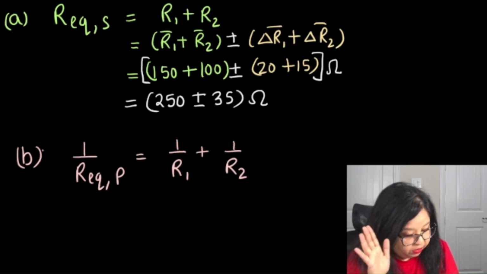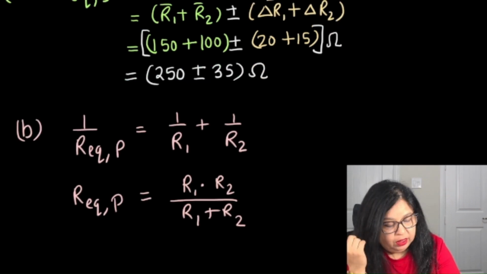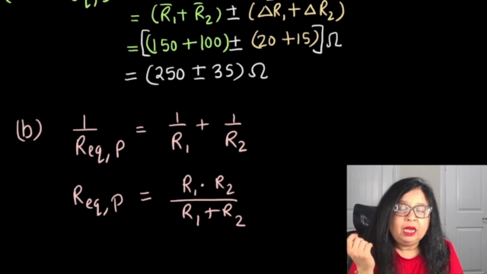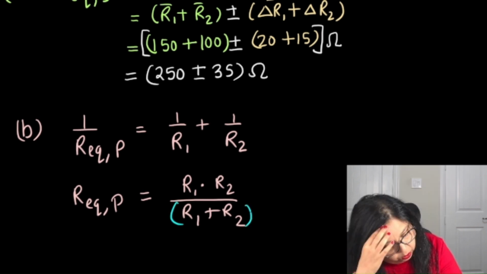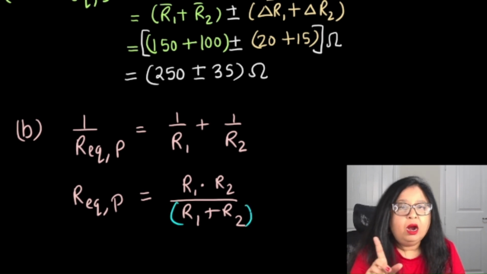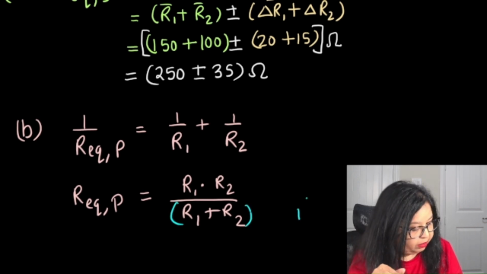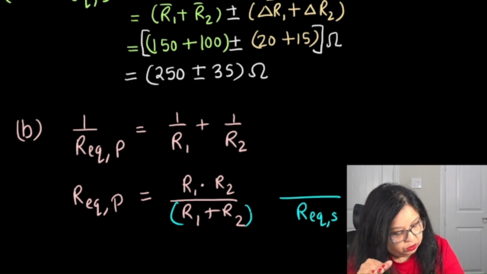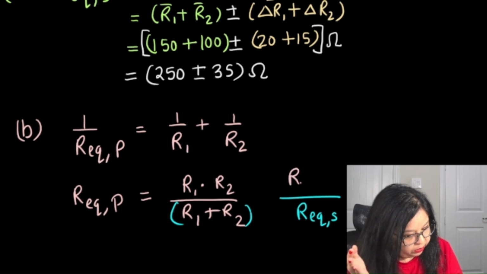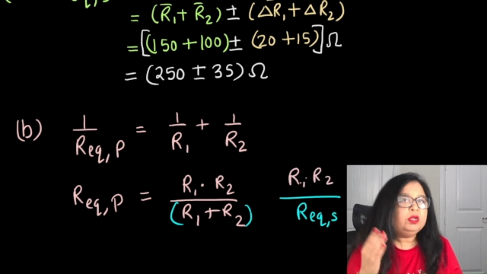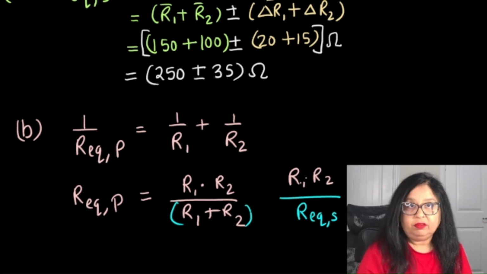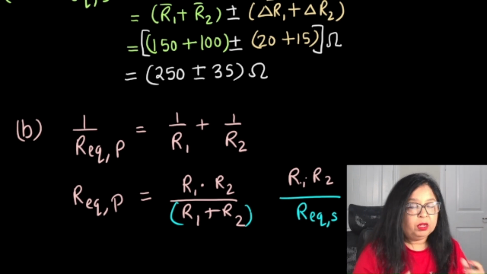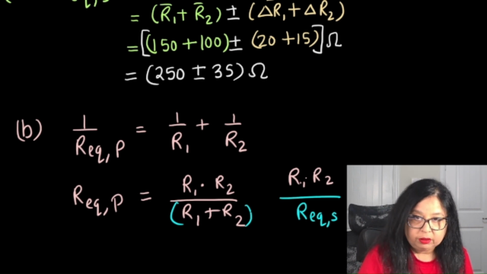And if you solve this for R equivalent, this gives us R1 times R2 divided by R1 plus R2. We can write R1 plus R2 at the bottom as R equivalent in series. And at the top we have the same thing, R1 times R2. So now we have R1, R2 and R equivalent in series that are being multiplied or divided by each other.